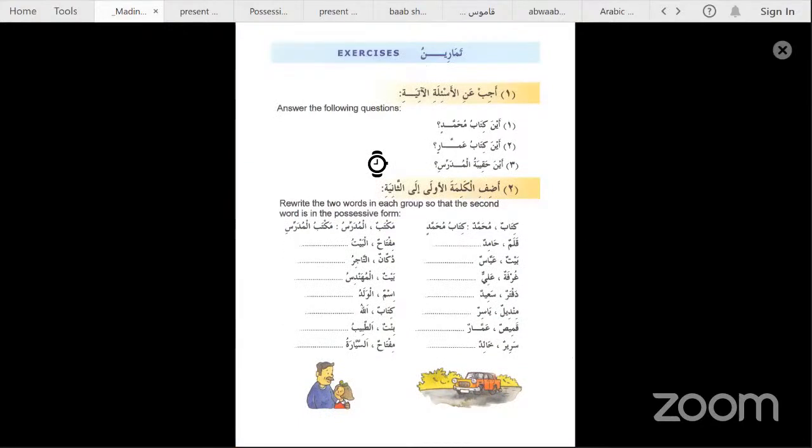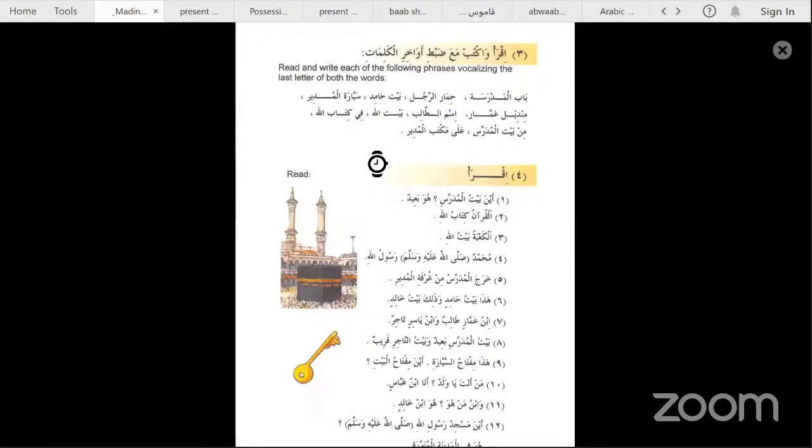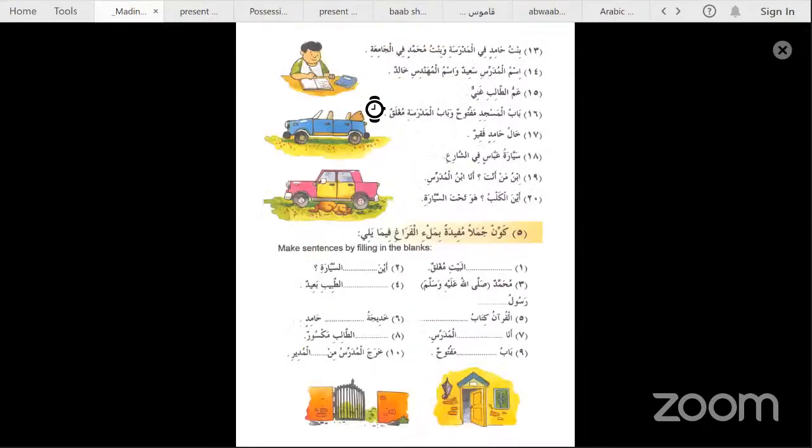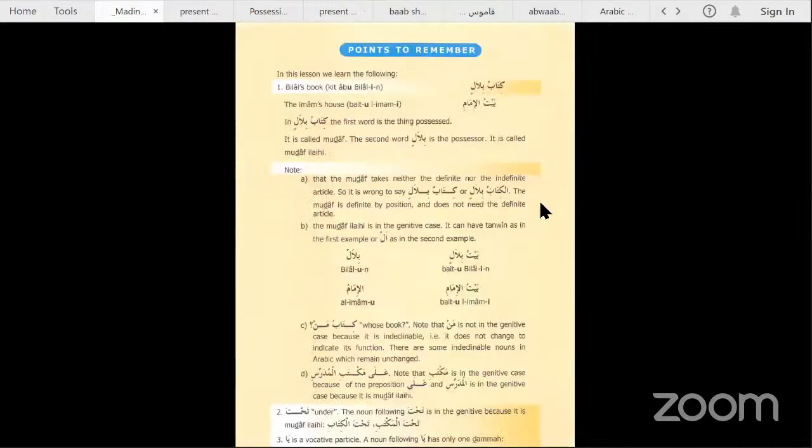So I'll ask Sister Mehtab to come on the mic and read the points to remember, and then I'll explain if anyone doesn't understand, inshallah. Okay. Assalamu alaikum. Sister Mehtab, can you hear me? I can hear you. Can you hear me? Yes, I can hear you. Okay. Bismillahirrahmanirrahim.